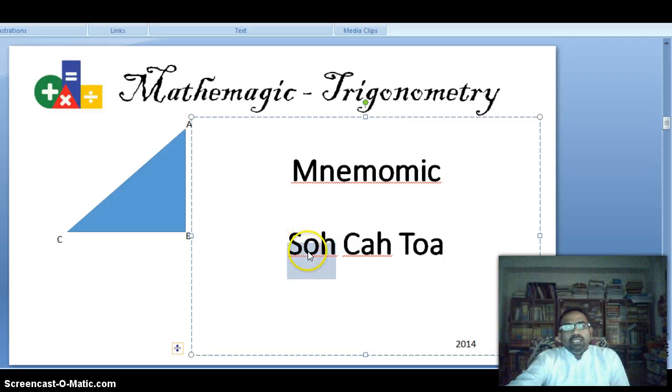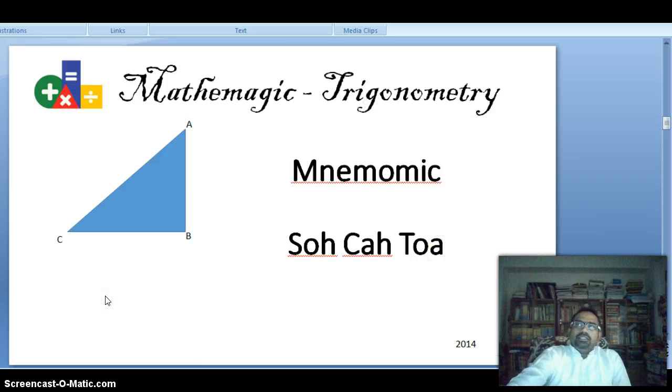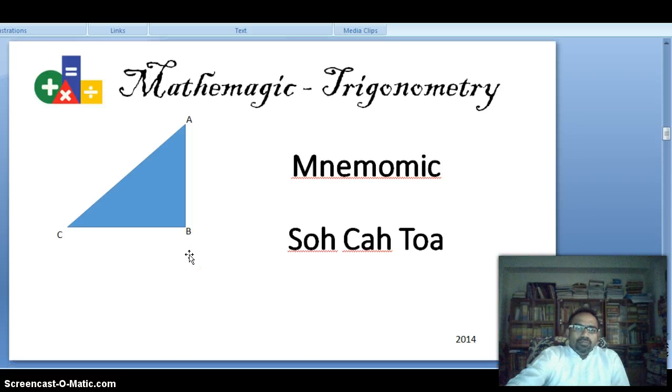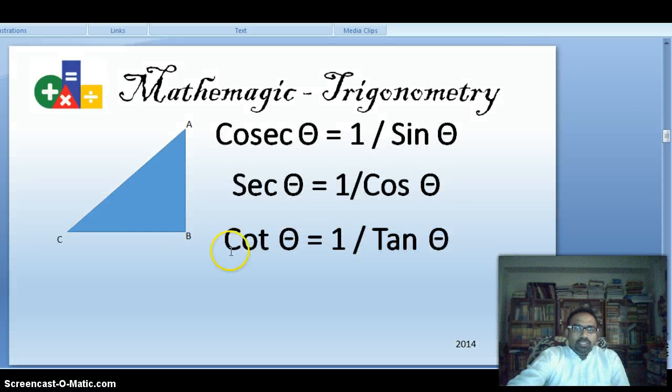SOH is sine is equal to opposite by hypotenuse, CAH is cos of an angle is equal to adjacent side by hypotenuse, and TOA is tan of an angle is equal to opposite side by adjacent side. That is how you can easily remember the formulas for sine, cosine, and tangent of an angle.